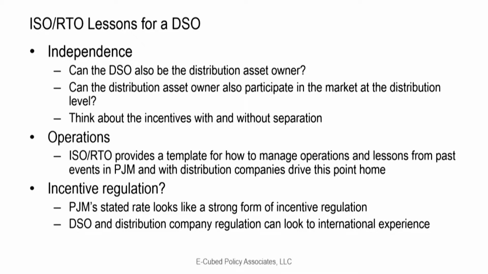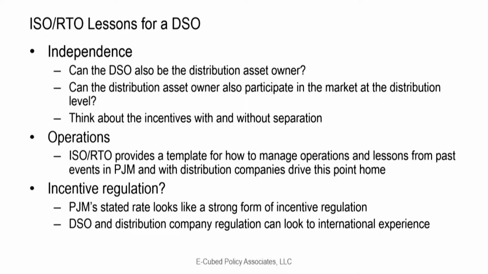The last thing, though, is incentive regulation. And when I say incentive regulation, I don't mean rate of return regulation. I mean more regulation as it would be known in Europe or in Latin America as price cap regulation or revenue cap regulation, or as it's known in the UK as RIIO.